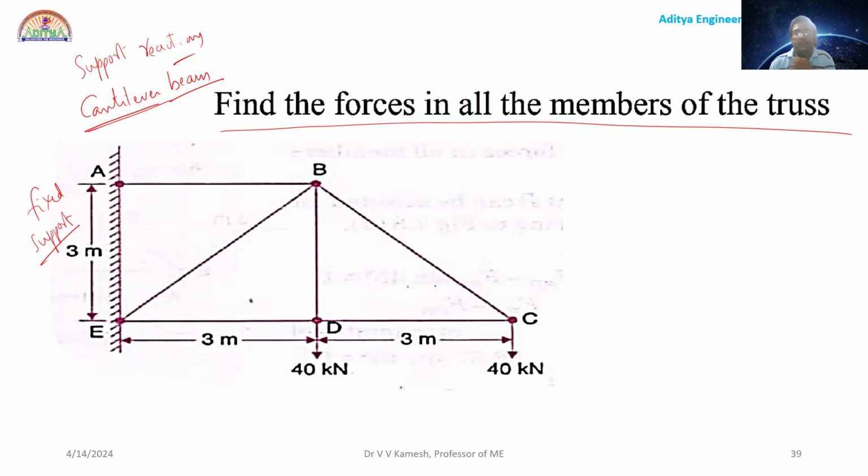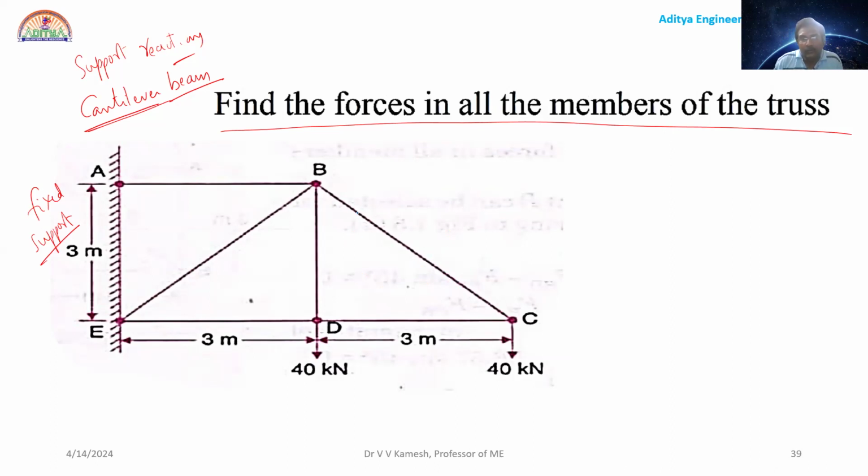Now I need to calculate the forces in the members AB, BE, BD, ED, CD, and BC. So 6 force members I need to calculate. Now I am considering initially all are compressive, right?